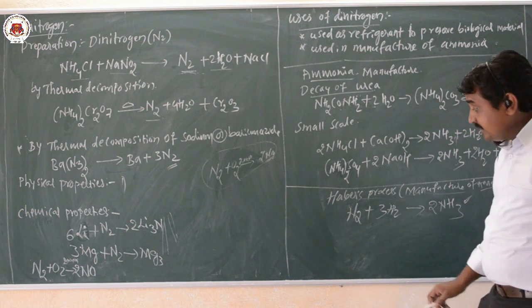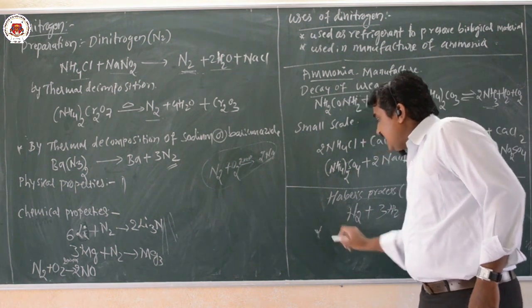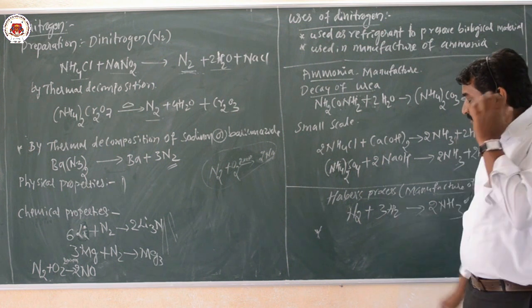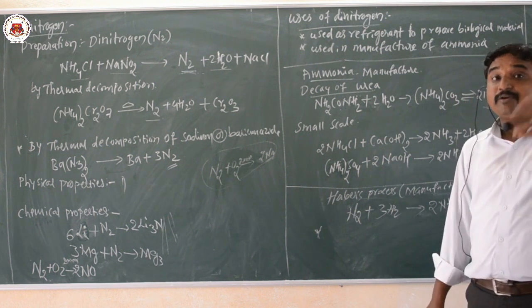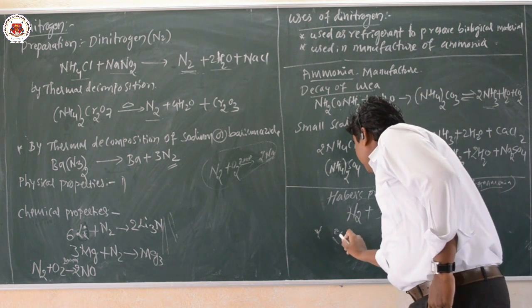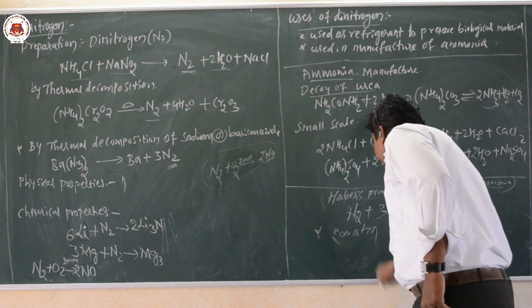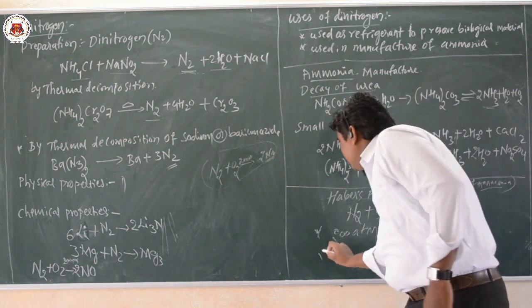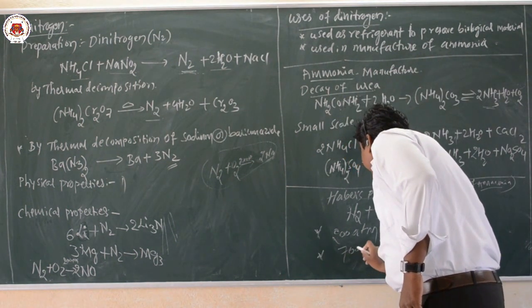According to Le Chatelier's principle, high pressure is very important for this manufacture. High pressure is favorable for the preparation of this. Around 200 atmospheric pressure is favorable for the manufacture of ammonia, and the temperature should be around 700 Kelvin.